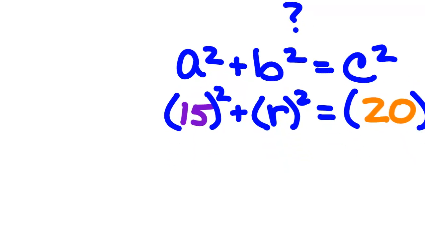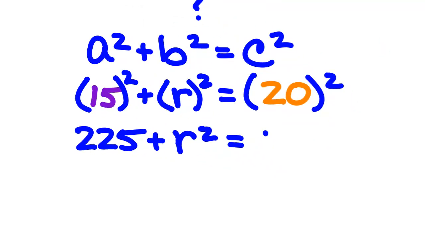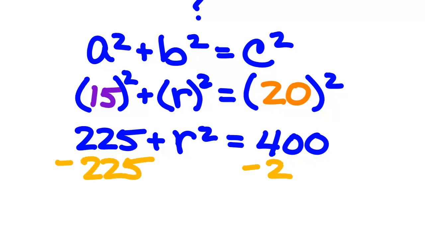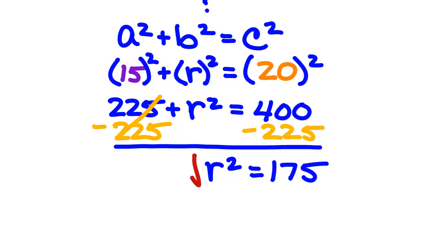What is 15 squared? 225. So 225 plus r squared equals, what is 20 squared? 400. We're going to subtract 225 from both sides. What is 400 minus 225? 175. And then we take a square root of both sides so that we can get rid of the squared on r.